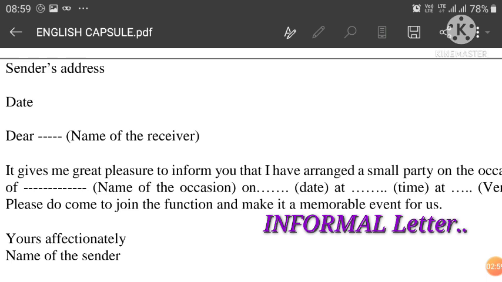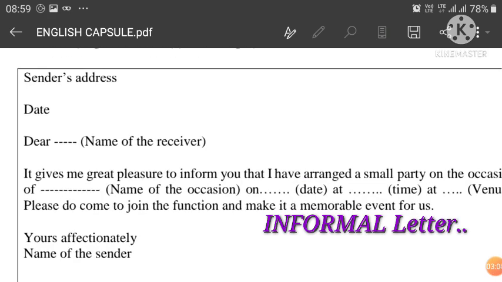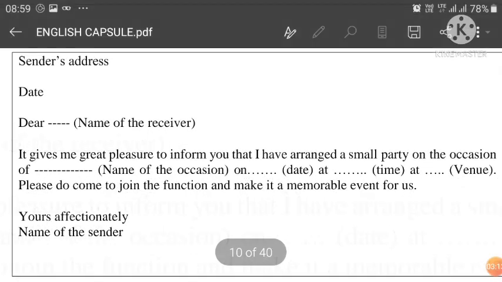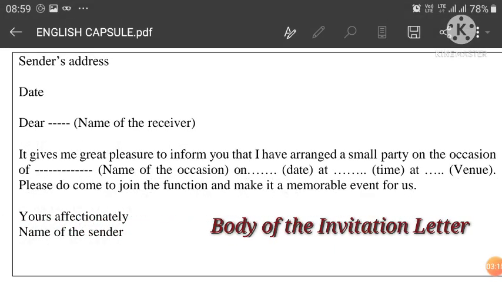That way, write the whole name, and you could add Mr. to it. It is a little informal yet formal. You could even write the name as well. Dear Avinash, dear Raghavendra. And then change the paragraph, start the body of the invitation.